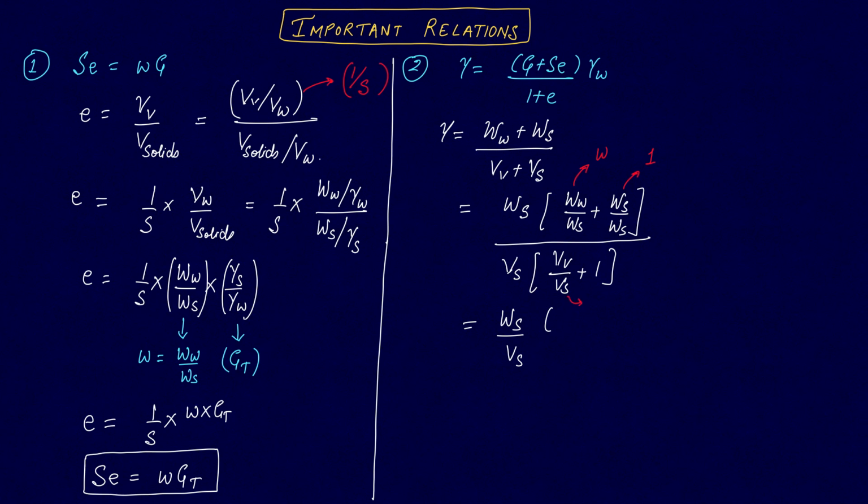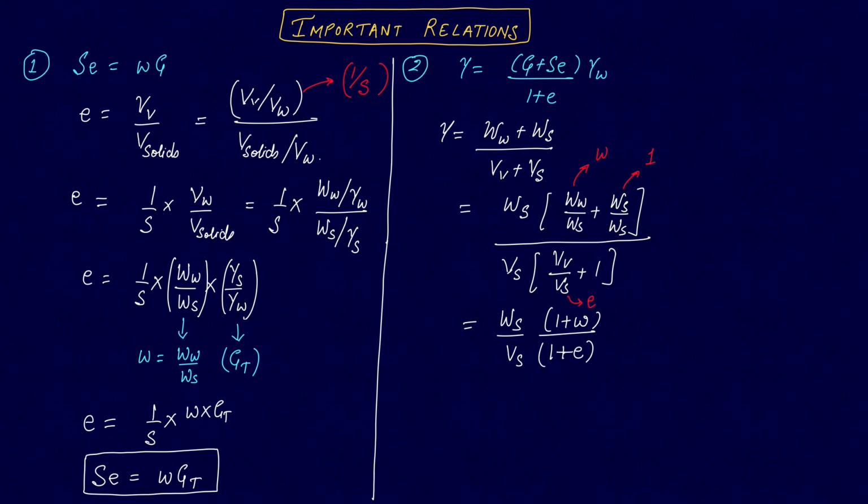Whereas this term, Vv upon Vs, is your void ratio. So now you can simply write that as (1 plus w) upon (1 plus e) in the denominator.